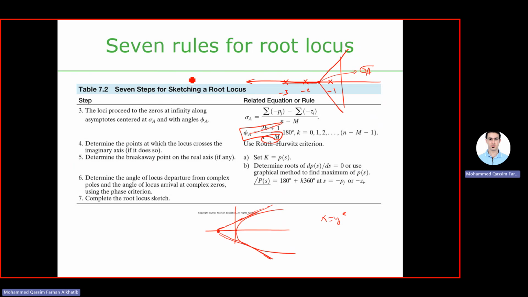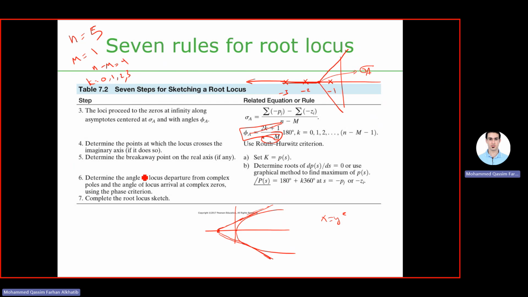If I have n equal 5, for example, 5 poles, and 1 zero, so n minus m equals 4, then k should take the values 0, 1, 2, 3. That's 4 values, so you have to calculate 4 times. These are the directions or the angles of the asymptotes.